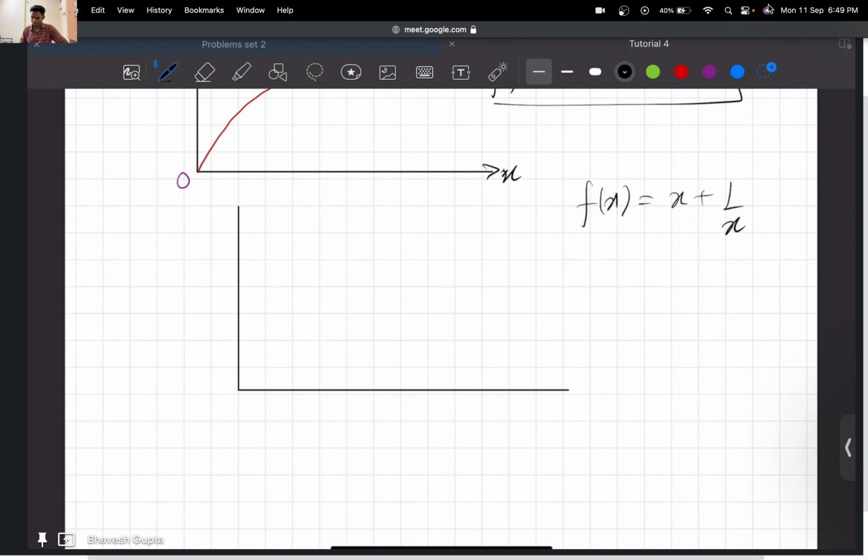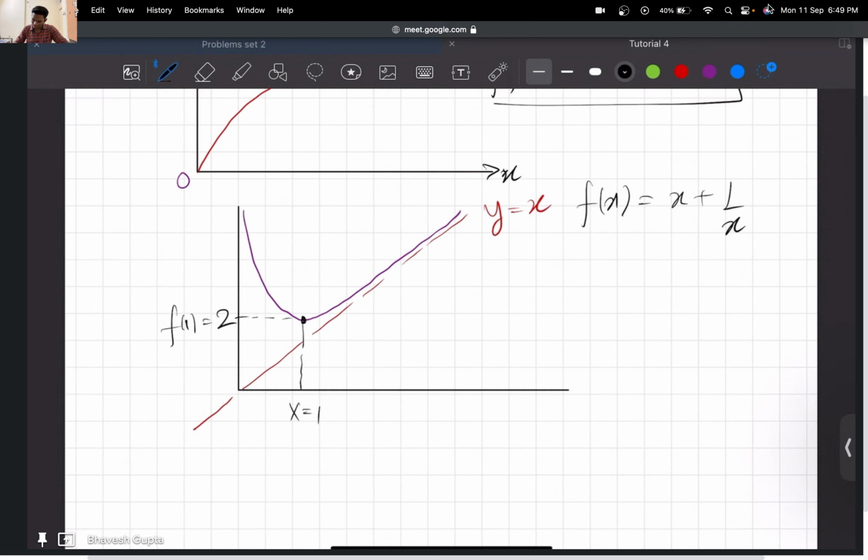This particular function has y = x as an asymptote, because this function has a plot like this, and the minimum occurs at x = 1, where the minimum value of the function is 2. This is one of the examples where you have neither vertical nor horizontal, it is in general some straight line.